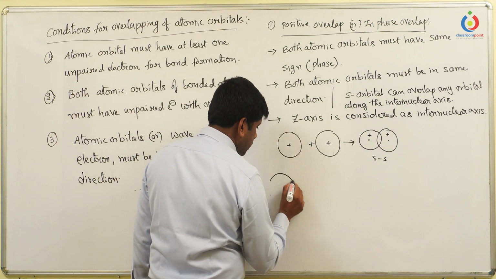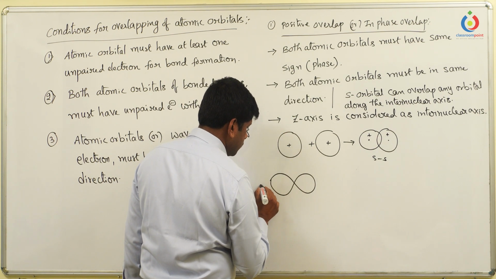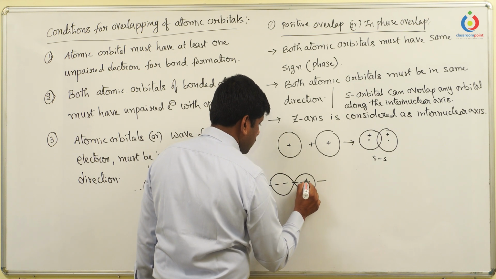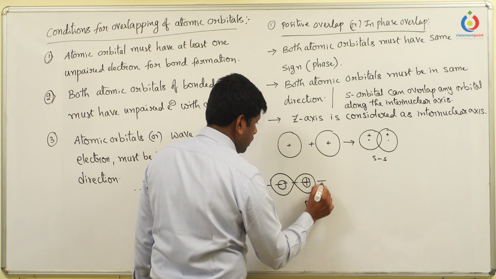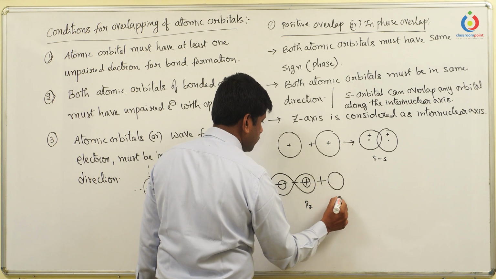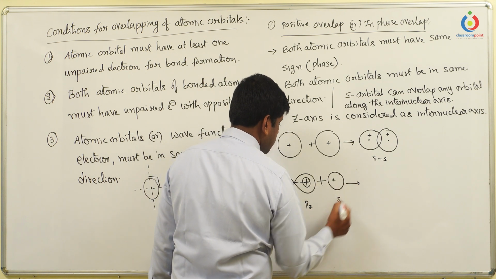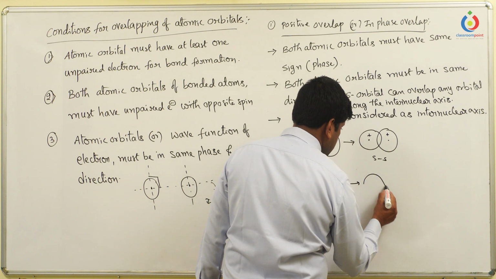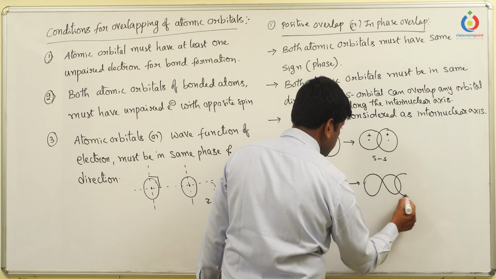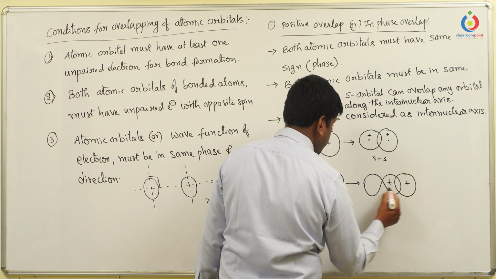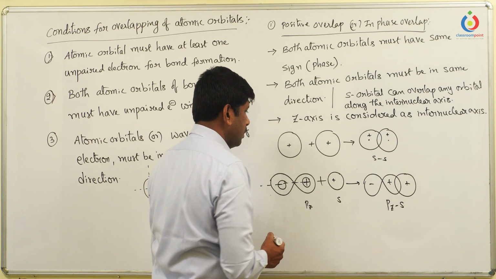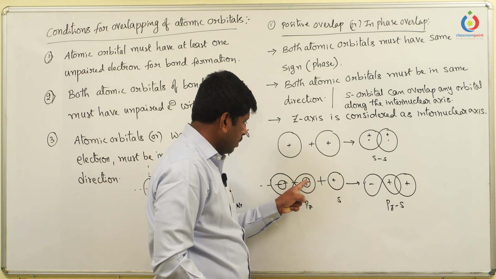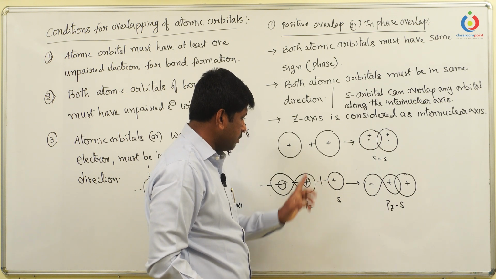And if you take a pz orbital, this is plus, this is minus, pz plus with an s orbital with a plus, so that they overlap with each other. This is called the pz-s overlap. Here also overlapping takes place along the internuclear axis with the same sign convention.